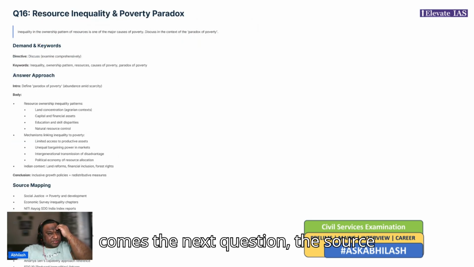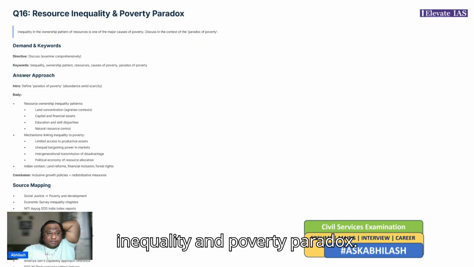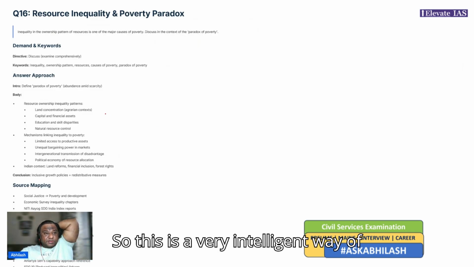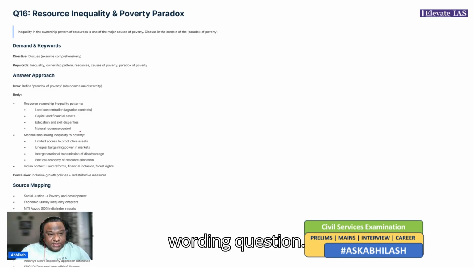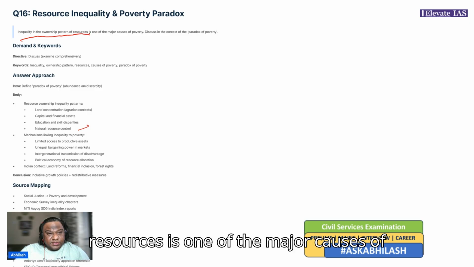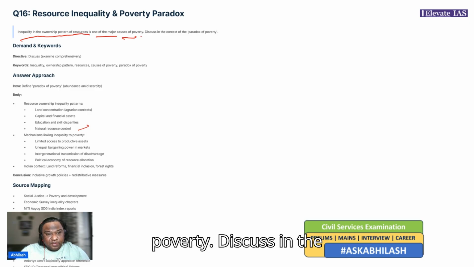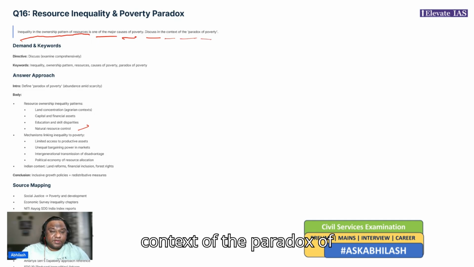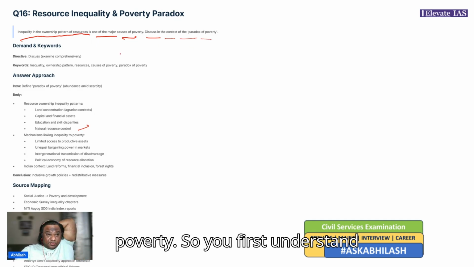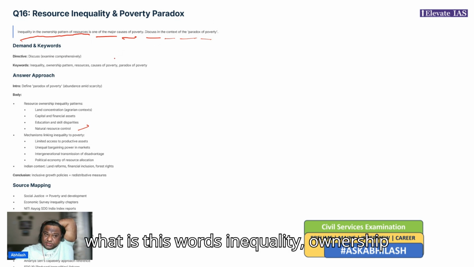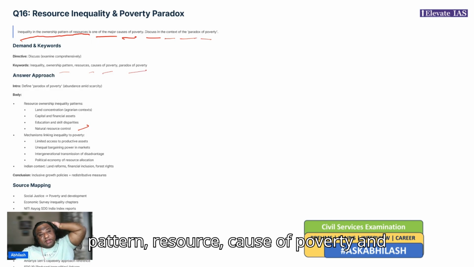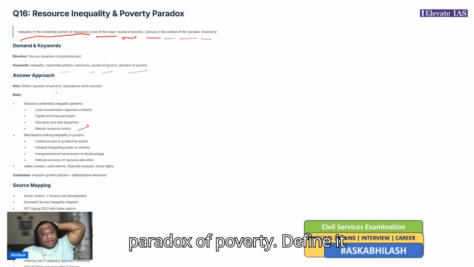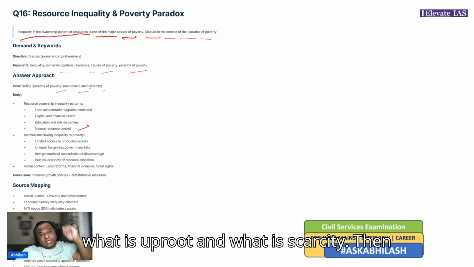Then comes the next question: resource inequality and the poverty paradox. This is a very intelligently worded question. Inequality in the ownership pattern of resources is one of the major causes of poverty. Discuss in the context of the paradox of poverty. So you first understand these words: inequality, ownership pattern, resource, cause of poverty, and paradox of poverty. Define them. What is abundance? What is scarcity?